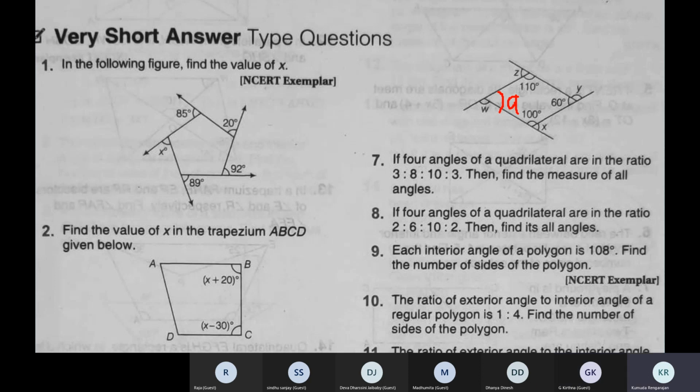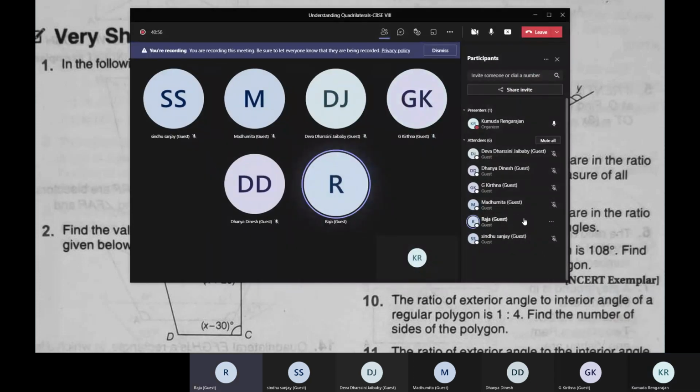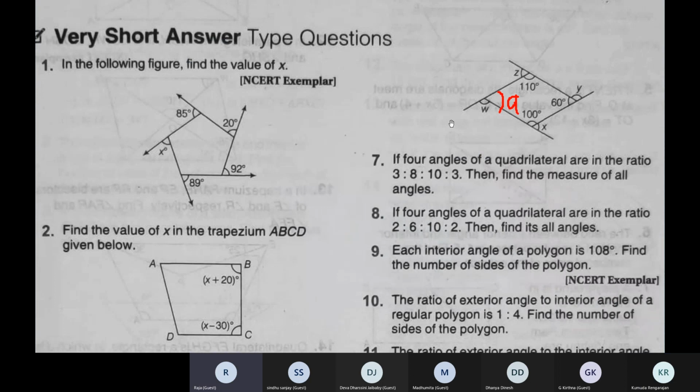How do we find W? Ma'am, 360 degrees minus 180. You should continue from where Keertana stopped.